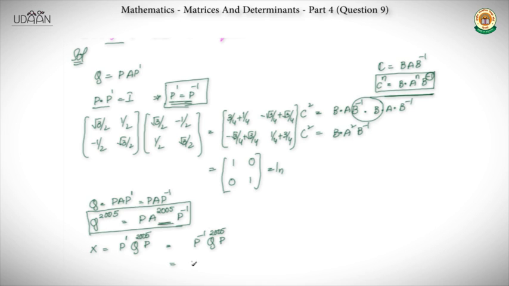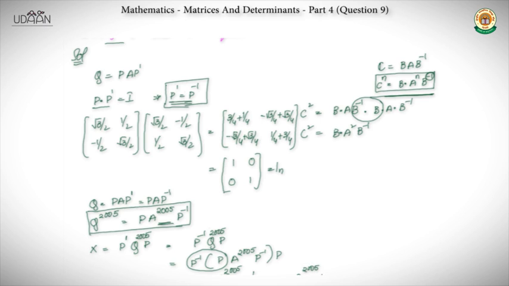So we substitute: P inverse into P into A power 2005 into P inverse into P. Now P into P inverse is an identity matrix, into A power 2005, into again P inverse into P, which is identity matrix, and we get A power 2005 here.